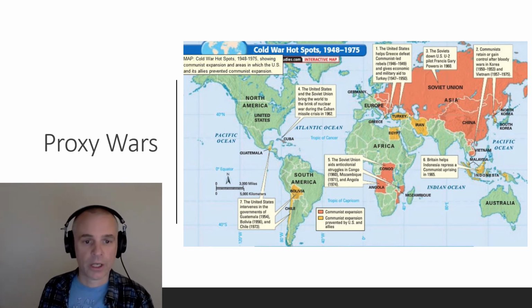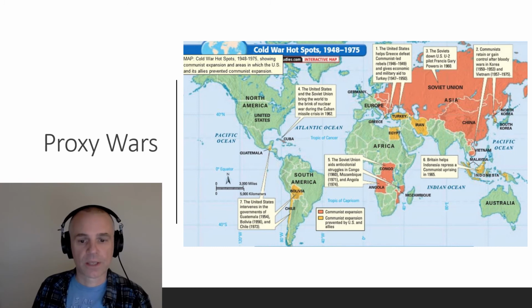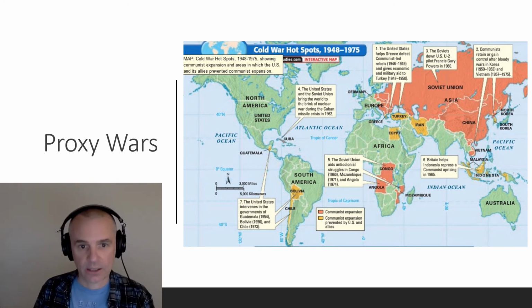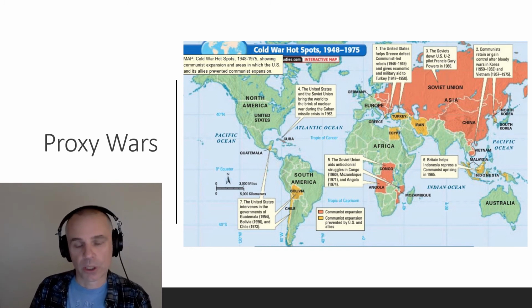Vietnam, Korea, various fighting regions in Africa, some particularly brutal insurgencies and counterinsurgencies that happened in South and Central America. So there was a lot of actual fighting, dying, and killing that occurred during the Cold War.